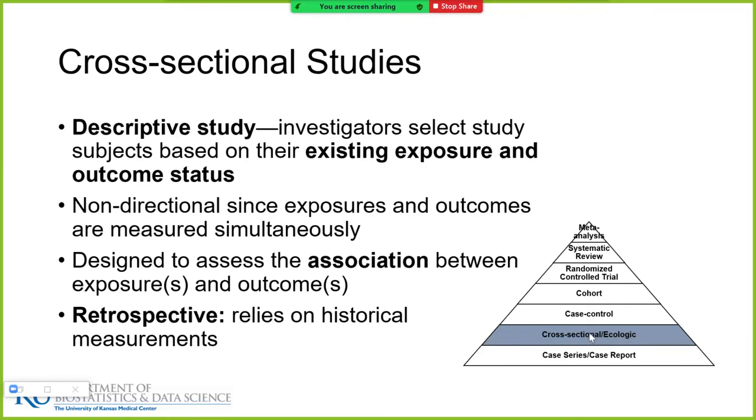You're basically sampling, looking at collecting historical data based on both exposure and outcome. It might be that you're just grabbing data from a population, and there's not really a directionality. We're just looking for associations because we're not necessarily verifying that a certain exposure occurred prior to an outcome or vice versa.